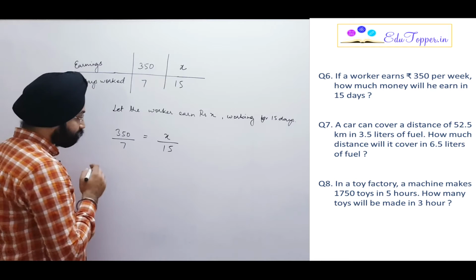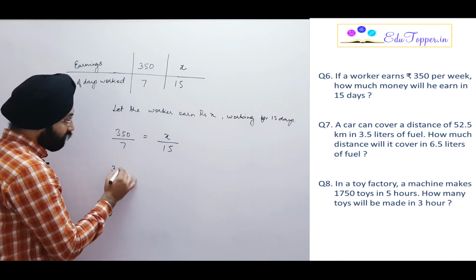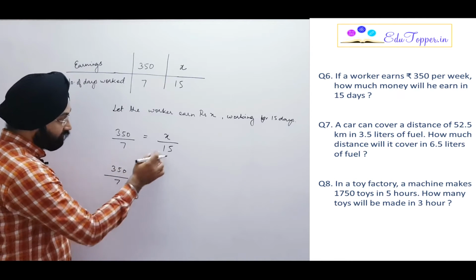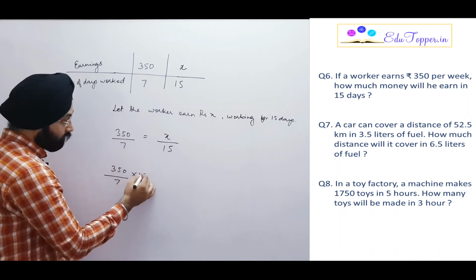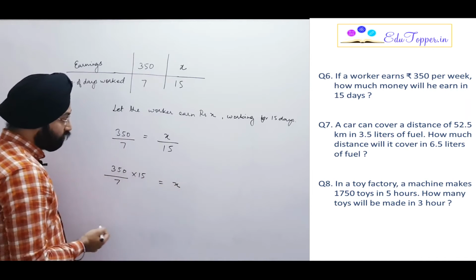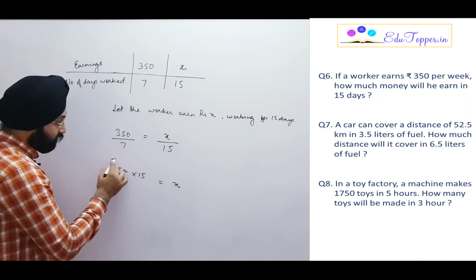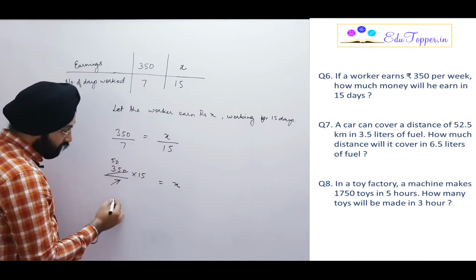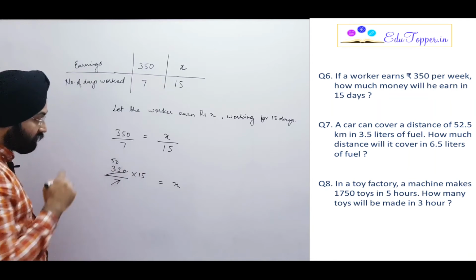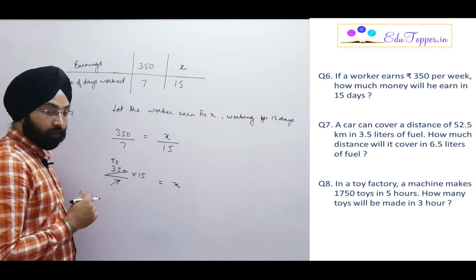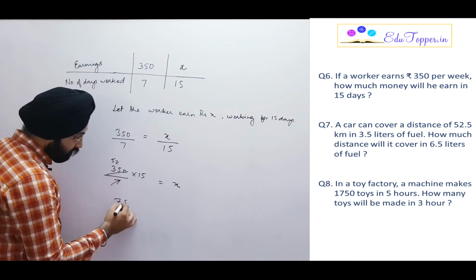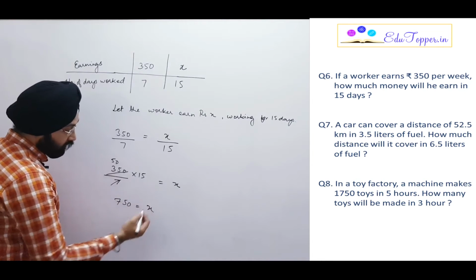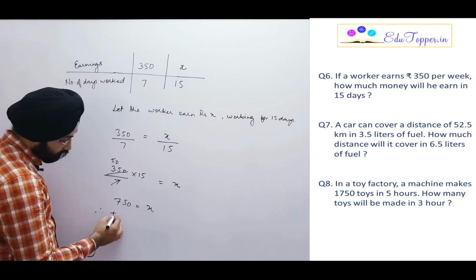So by this, the value of X will be 350 by 7. This 15 will come here, and this is the value of X. So 7 into 50 is 350, 15 into 5 is 75. So 50 into 15 is 750. 750 is our answer.